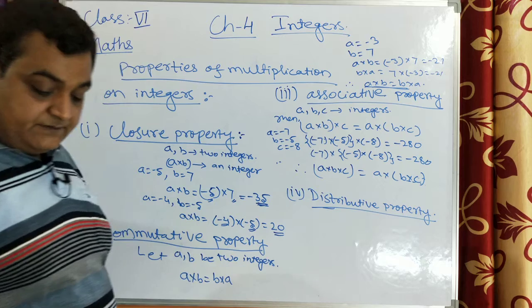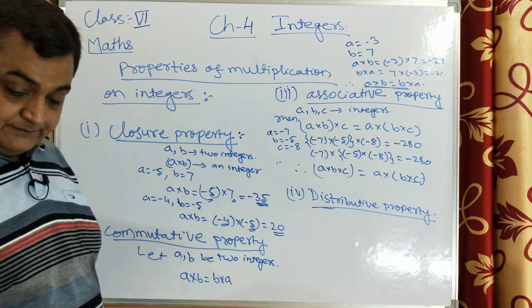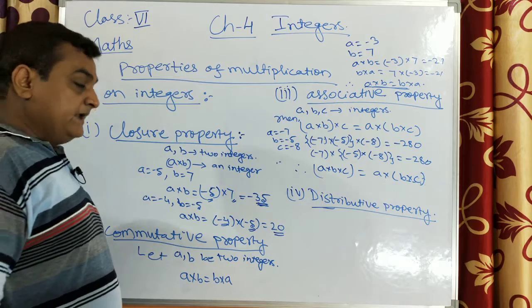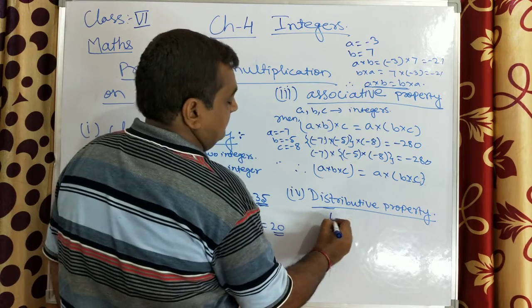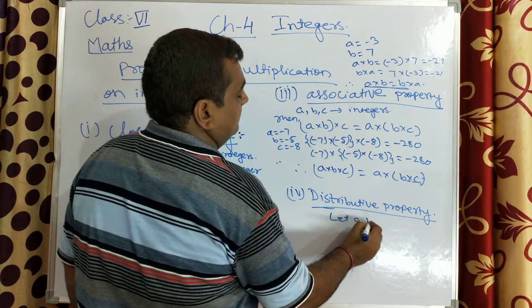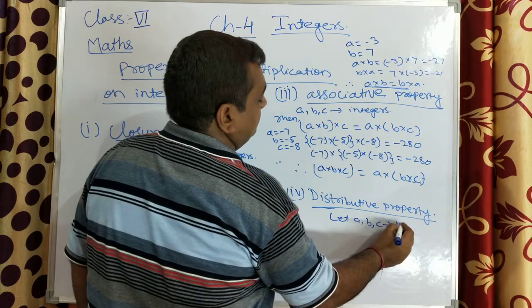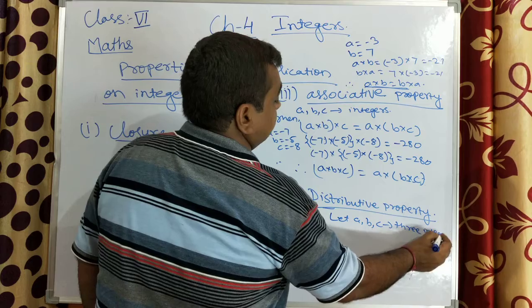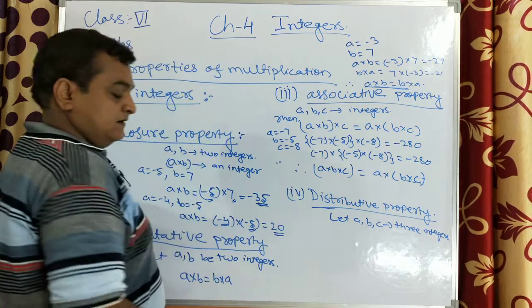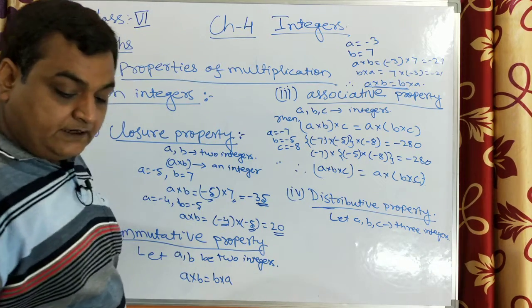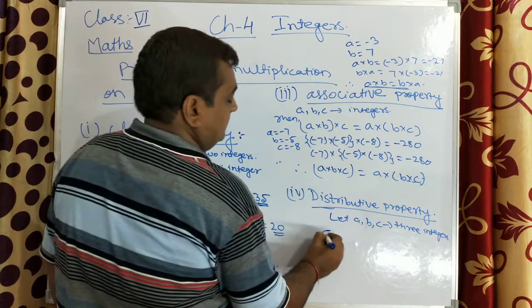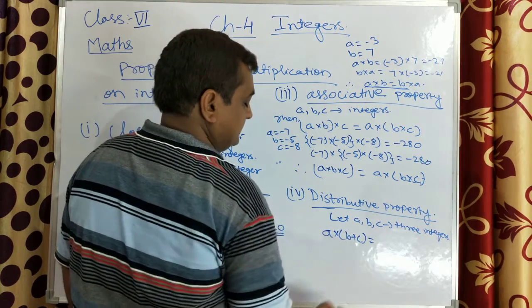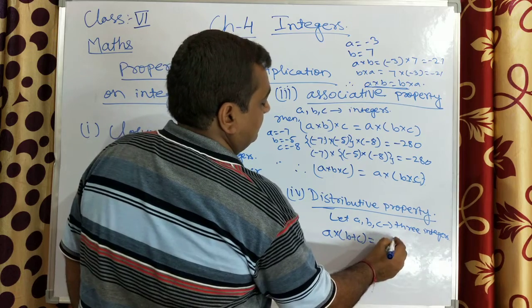If for any three integers, let a, b and c be three integers, then a into (b plus c) we can write as a into b plus a into c.